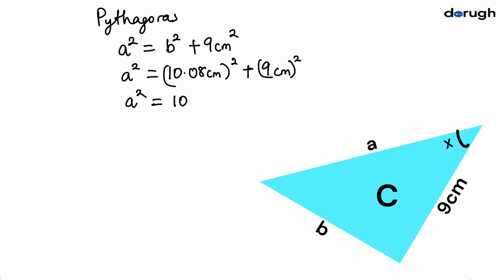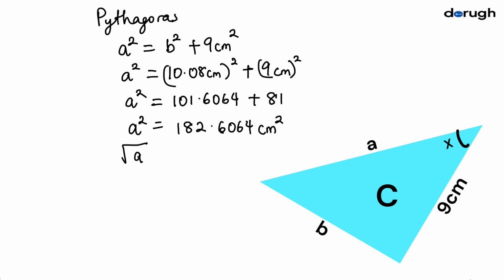That is 101.6064 plus 81, which is 182.6064 centimeters squared.